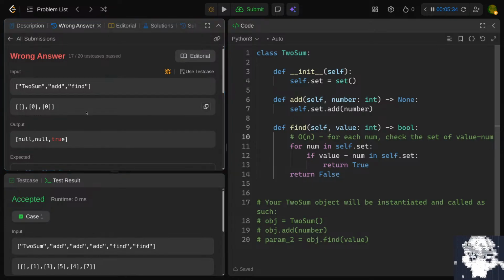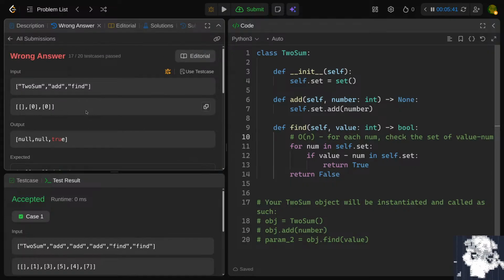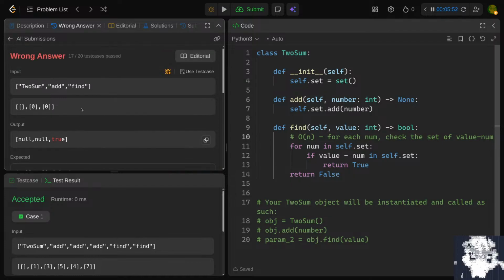Wrong answer. Oh, I am not correctly taking into account something summing with itself.